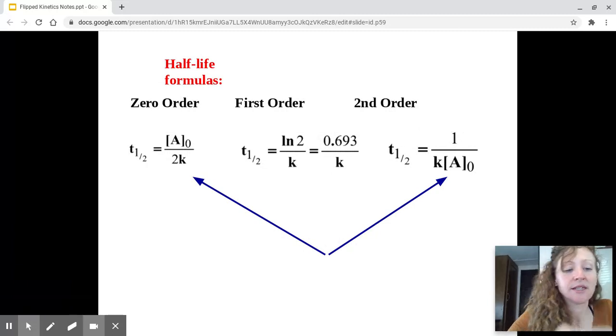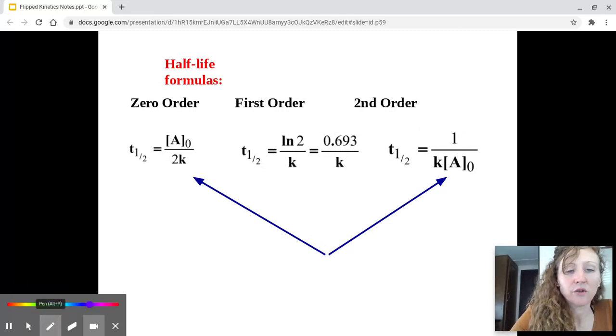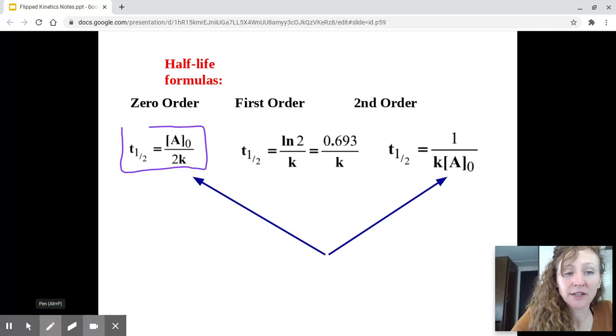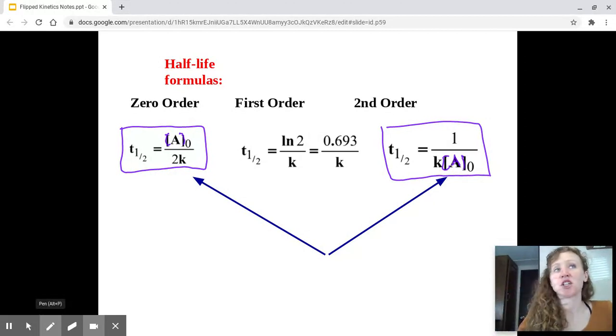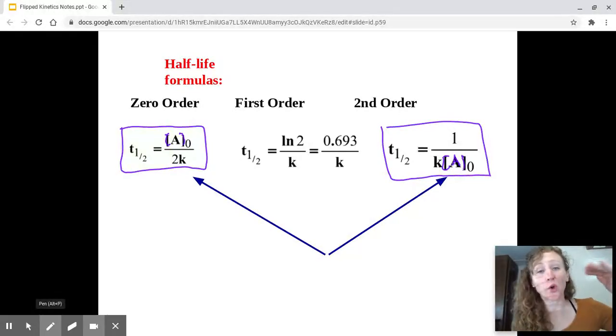And you can see that here. So for a zero order reaction, the half-life is dependent on K, but it's also dependent on the concentration of the reactant. Same thing with second order. The half-life equation is dependent on K, but also dependent on the concentration of your reactant. So as the concentration of your reactant continually changes, so does your half-life.